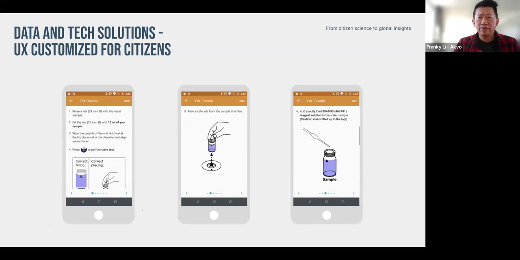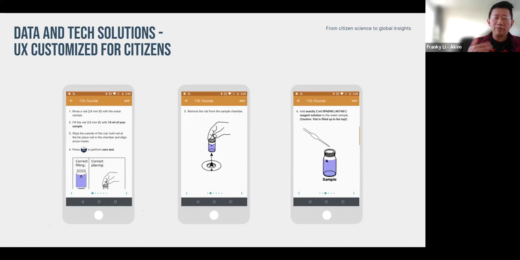Essentially, what we've got involved in is within the realm of UX. So of course, the software app, the mobile app, can be simply used as data entry, right? So we want to go paperless instead of writing down and run the risk of transcription errors.